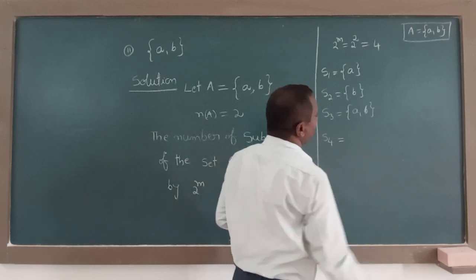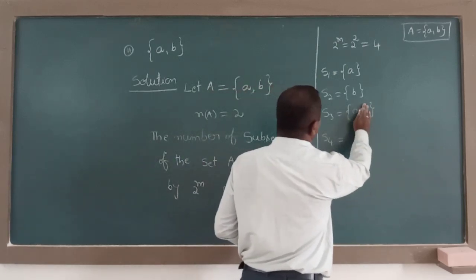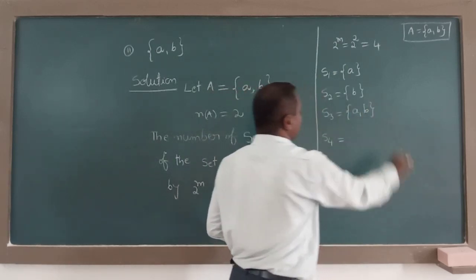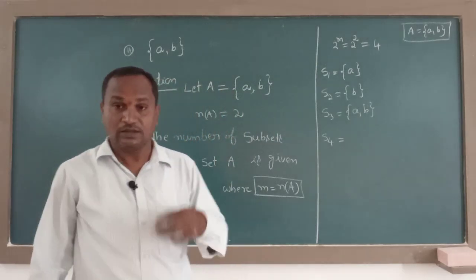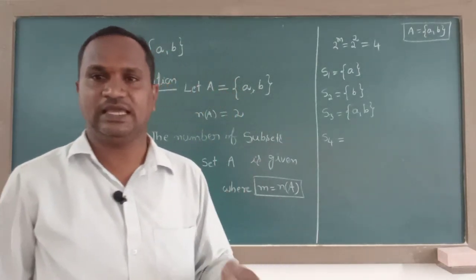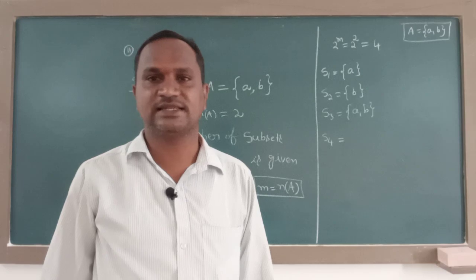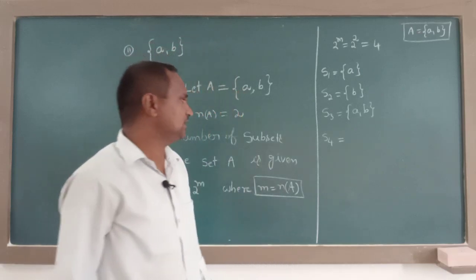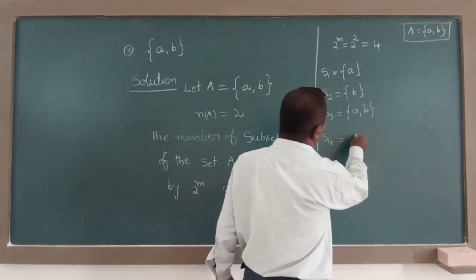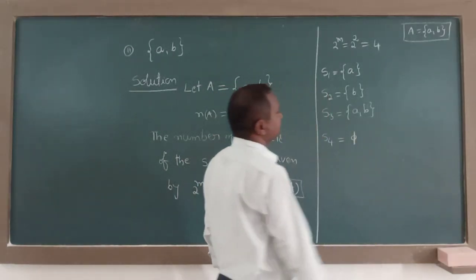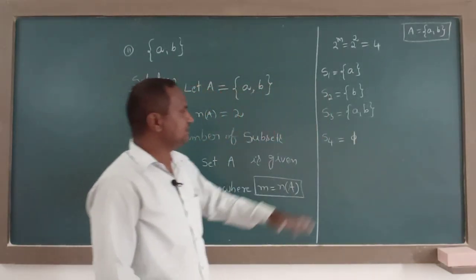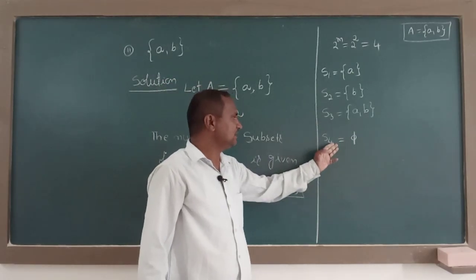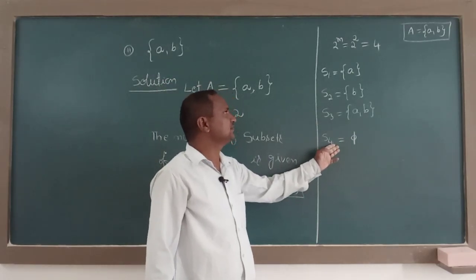Already I told you, under the note on subsets, the null set is a subset of every set. Null set means empty set. It is a subset of every set. That is what we can write: S4 is equal to the null set. Every set is a subset of itself. Null set is a subset of every set.